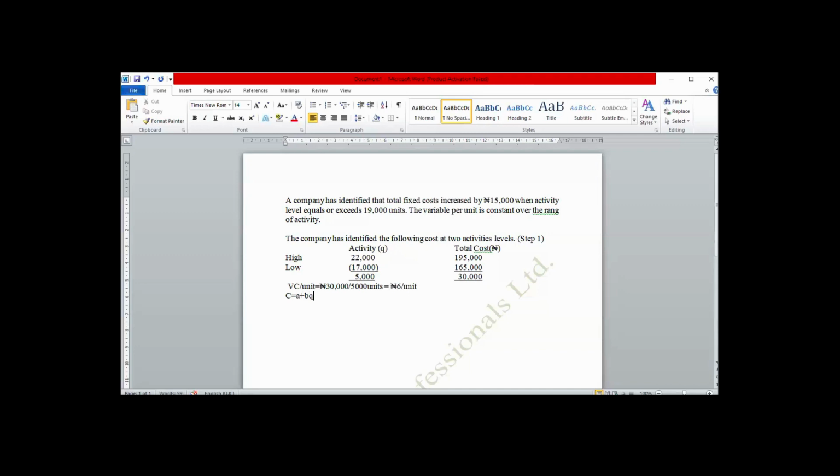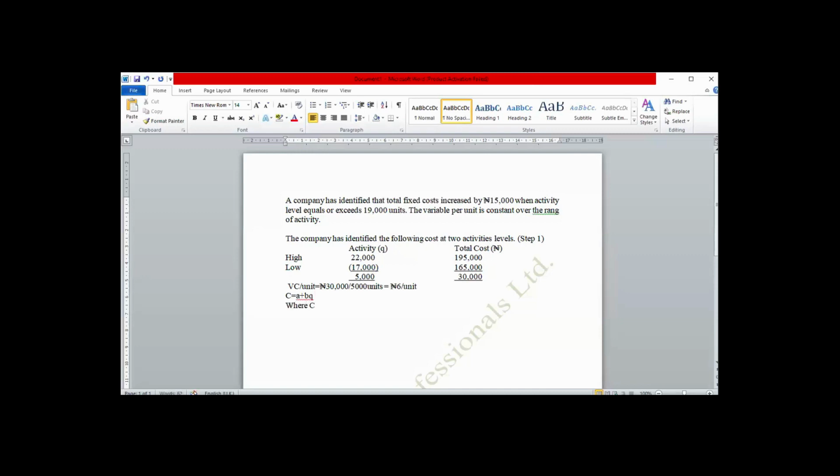We have gotten B, but we need to determine A. We can use either high or low to make our decision here. Which one are we going with? High or low? You can go with high, sir. Every other person agrees. High, okay?